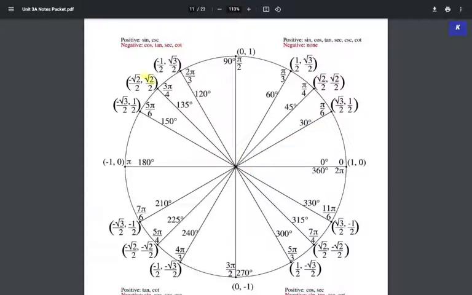Like this angle right here, it's 45 degrees from this x-axis. This angle right here is 45 degrees away from that same x-axis. So their ordered pairs match each other. The only thing that's different is the signs of the x's and the y's. So that's going to work for all 30, 60, 90s, and all 45, 45, 90s. All right.